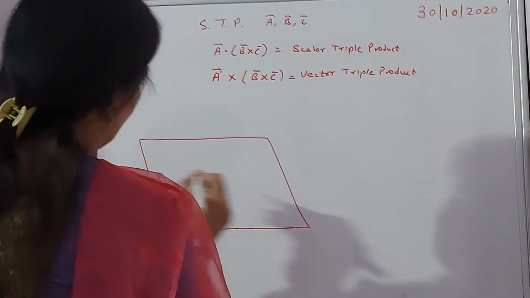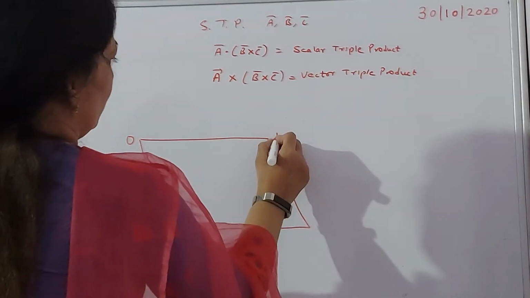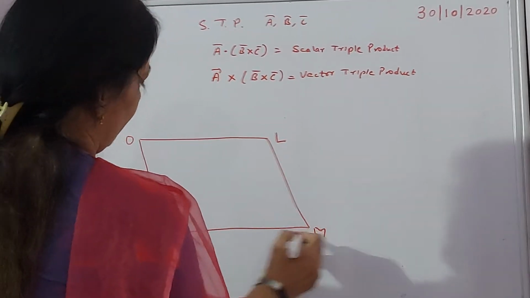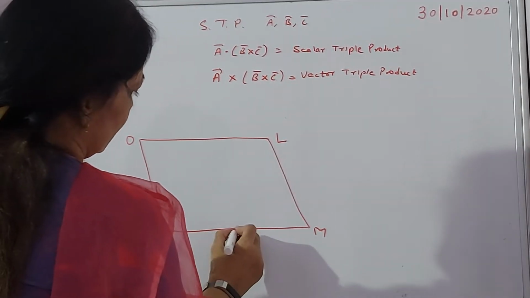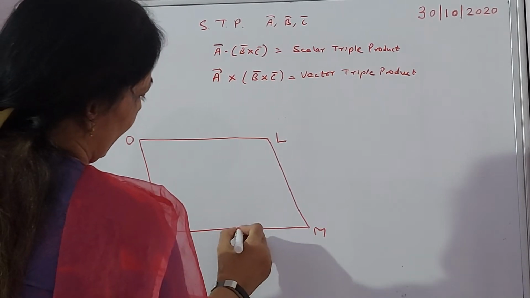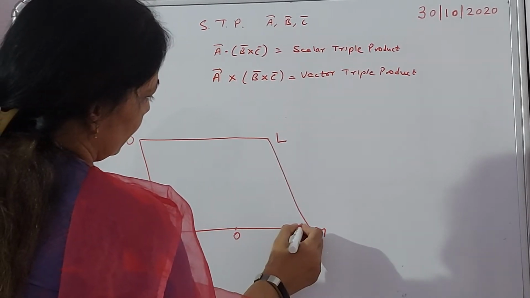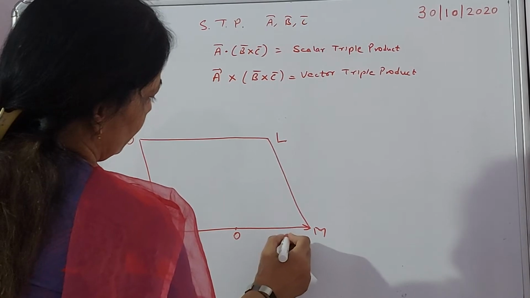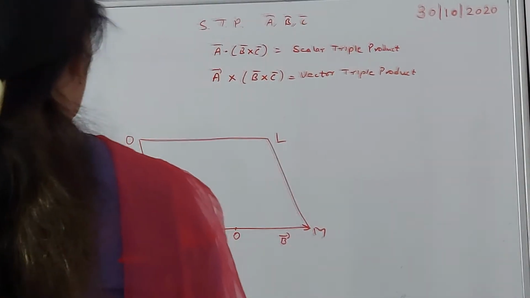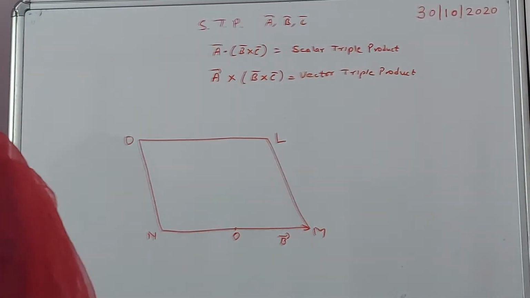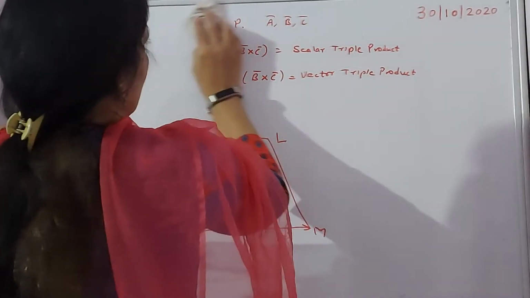This is one plane called OLMN. This is the origin and this part is my vector B. Correct?